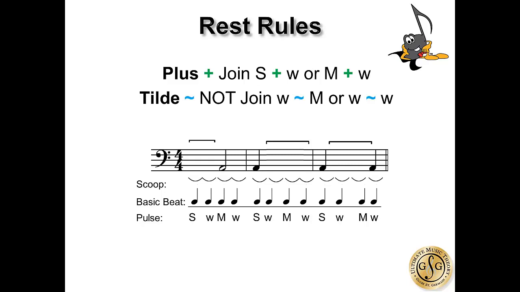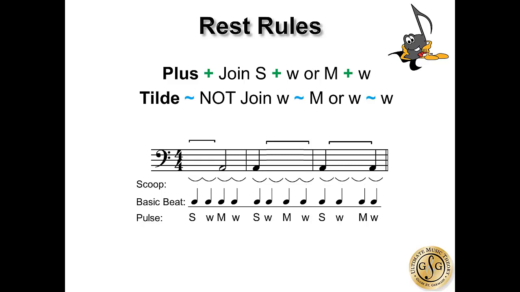Now this makes it easy to understand when to combine rests. In 4/4 time, the basic beat is 4 quarter notes, and the pulse is strong, weak, medium, weak. The scoop is simply a visual representation of 1 basic beat. So now we join the scoops together when the note or rest value is combined.